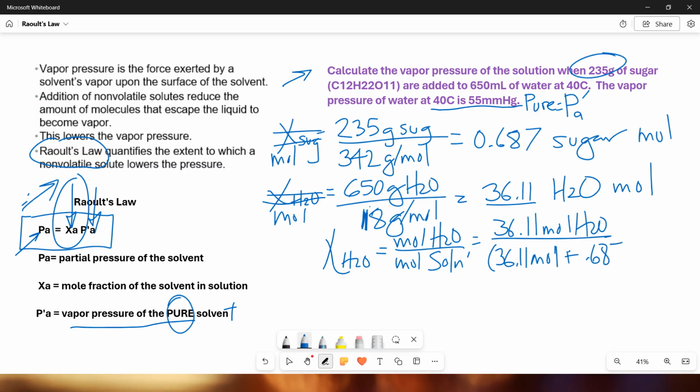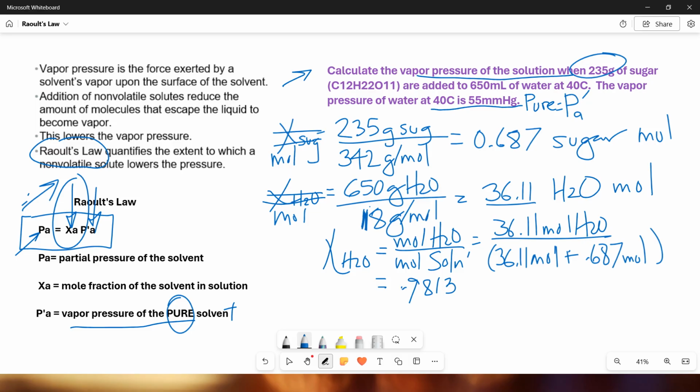And there we go. So the mole fraction of water is going to come out to be 0.9813, and there's no label on that. Okay, so that's not the final. They want to know the vapor pressure of the solution.